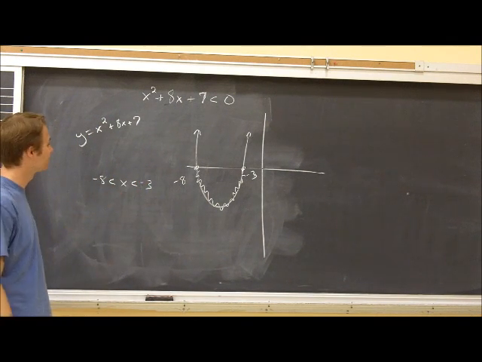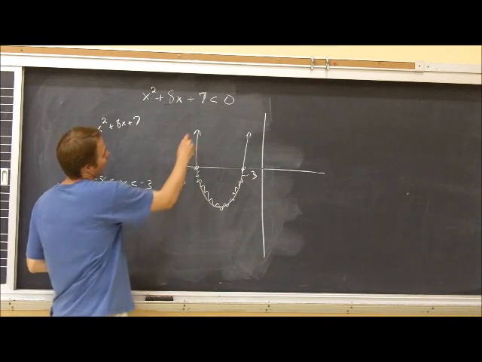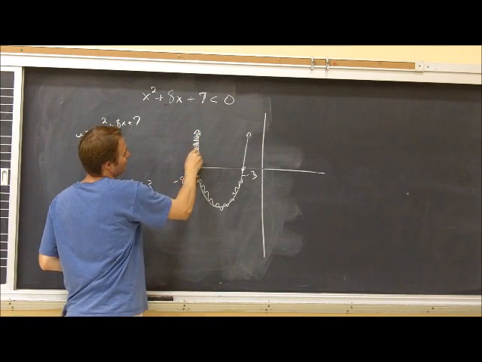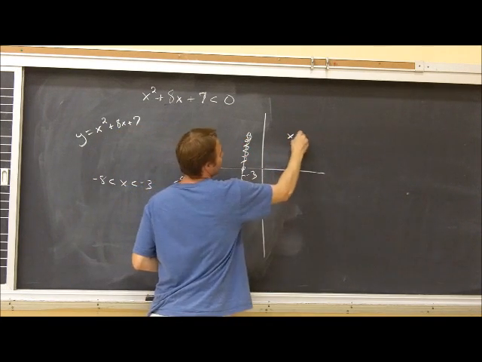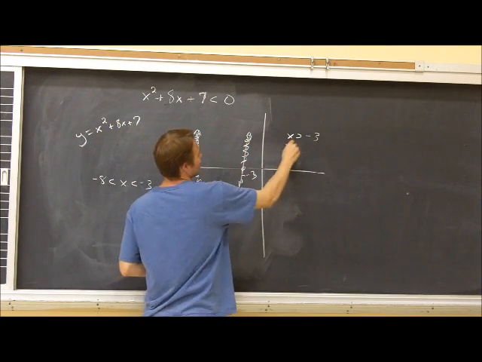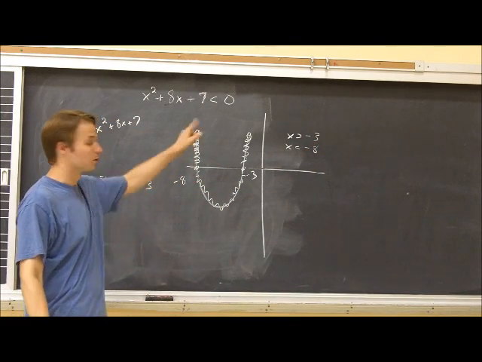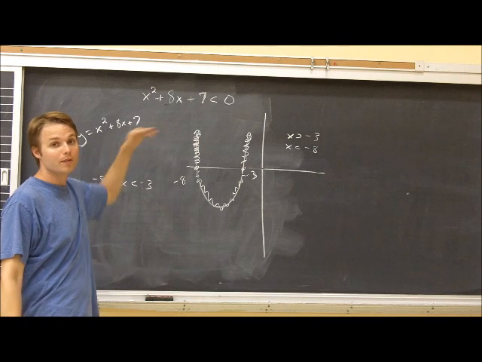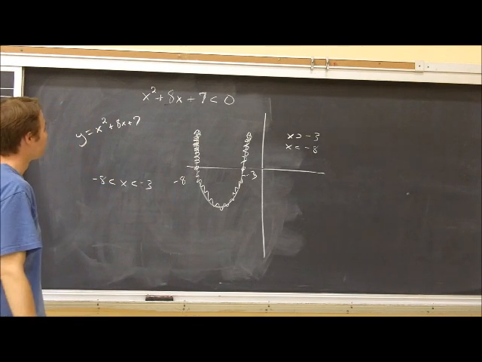Perhaps these would be the points. And then I could go the other direction and say, oh, well, the graph is actually greater than 0 on these intervals, where x is greater than -3, or where x is less than -8. In these two intervals, the graph is above the x-axis. Its y values are greater than 0.